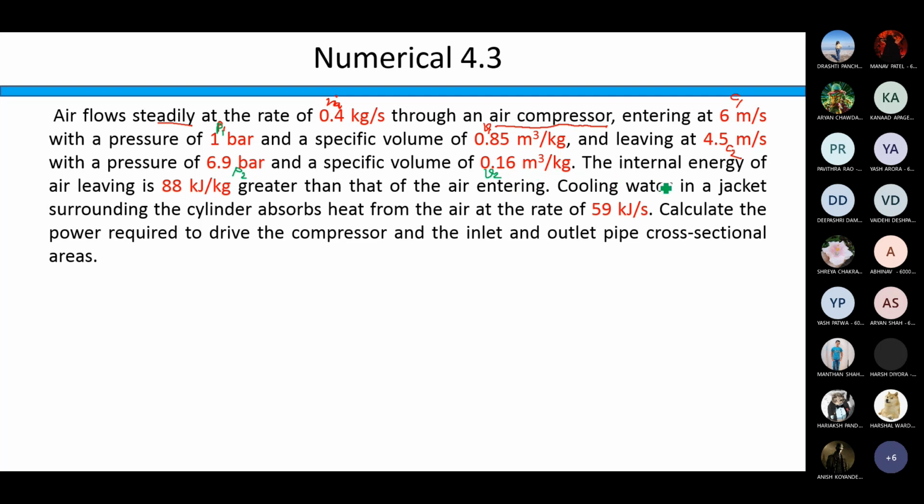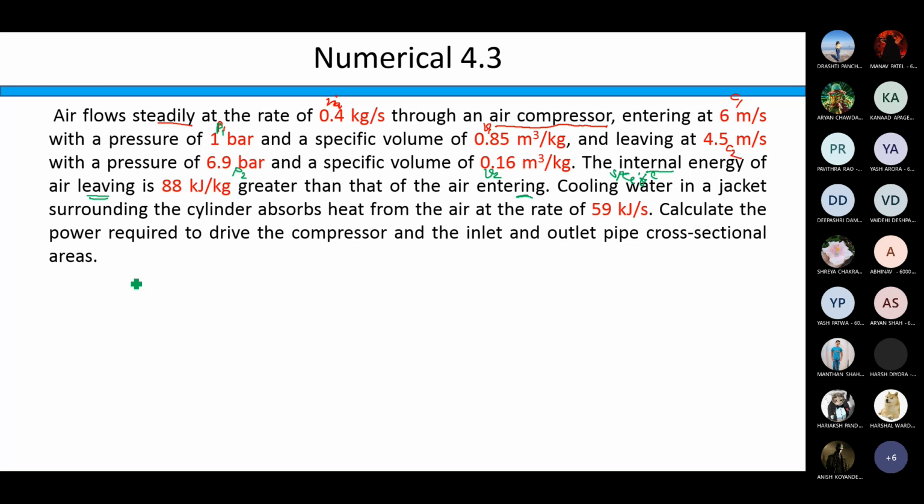Now the internal energy of air leaving, this is important, the internal energy, or rather I should specifically say the specific internal energy. Even though it is clear from the unit, it is better if I mention it here. So the specific internal energy of air leaving is 88 kilojoule per kg, greater than that of the air entering.